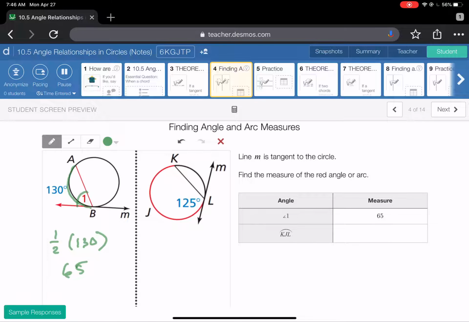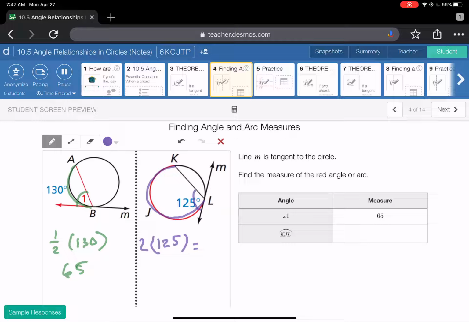Now for the second one, we actually have the measure of the angle. The measure of the angle is 125, and I have to find the measure of the arc. Since the angle is half the measure of the arc, I can work backwards by multiplying by 2.